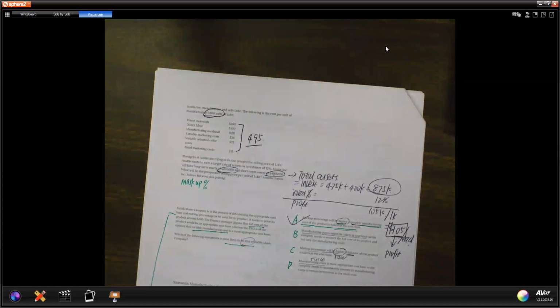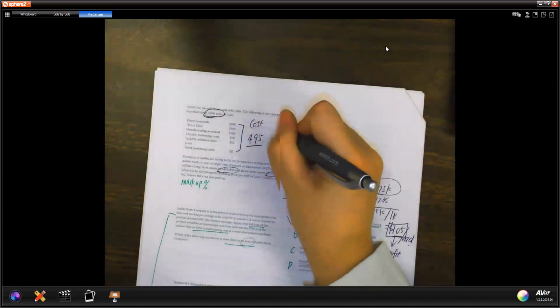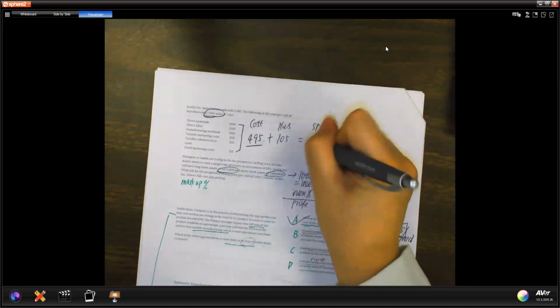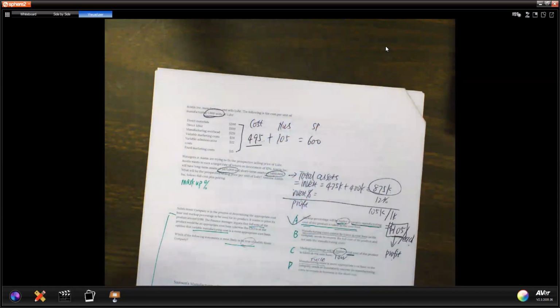So that means 105 has to be earned for each unit. So this is our profit, this is our markup, this is the plus for each unit. Our cost is 495, our plus, our markup, our profit is 105, so our selling price will be $600.